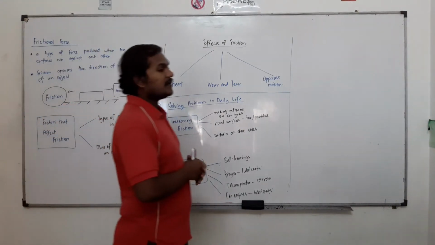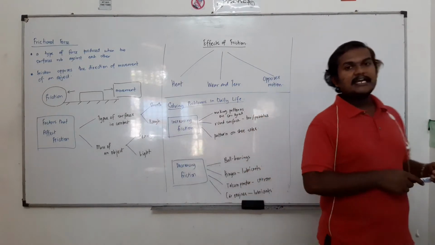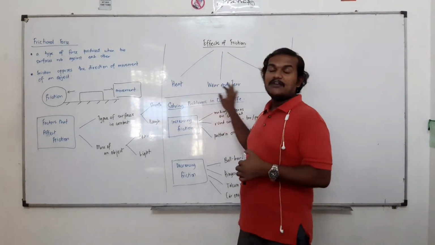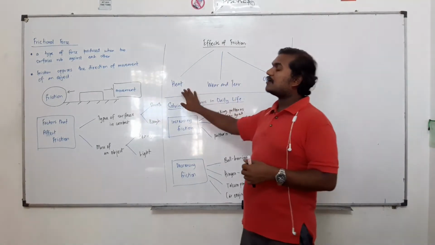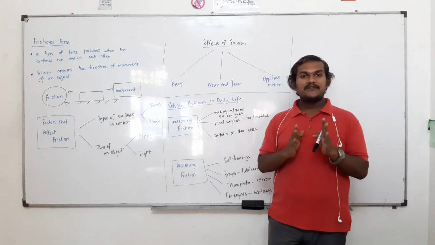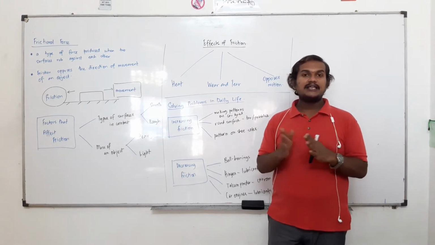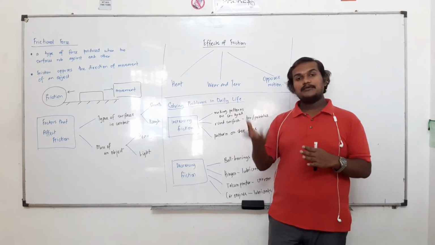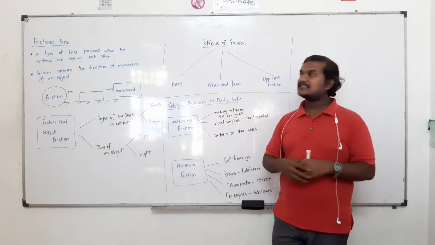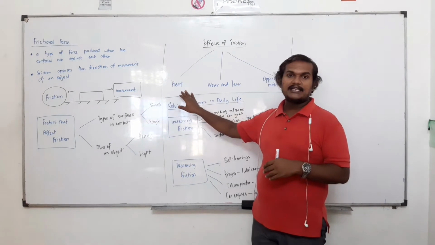Next, the effects of friction. There are three main effects of friction. The first one, friction can produce heat. When two surfaces are in contact and produce more frictional force, this frictional force can produce more heat energy.